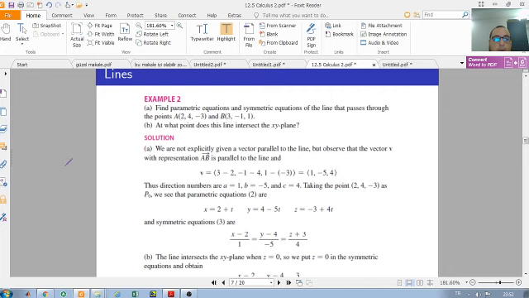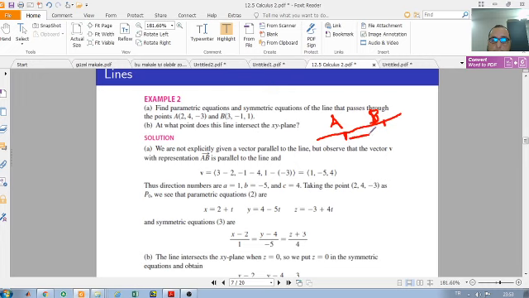So let's do another example. Find parametric equations and symmetric equations of the line that passes through the points A and B. At what point does this line intersect the xy plane? So we know two points on the line. We don't know its direction vector explicitly, but by using the given points we can find its components.